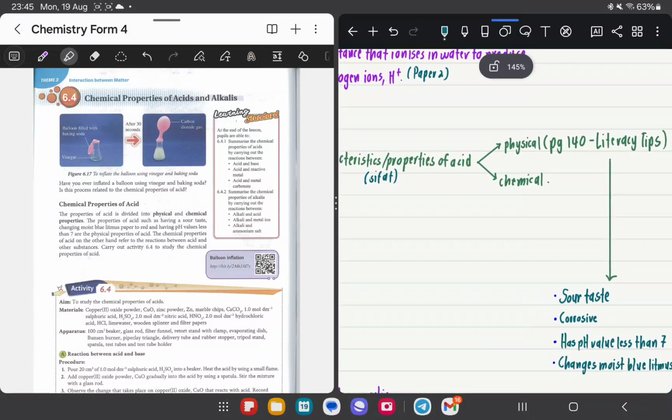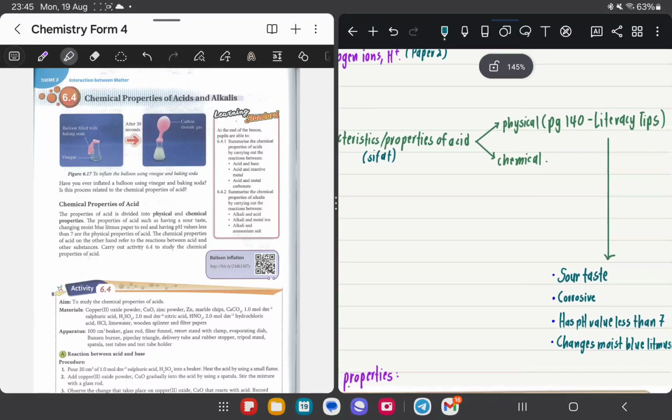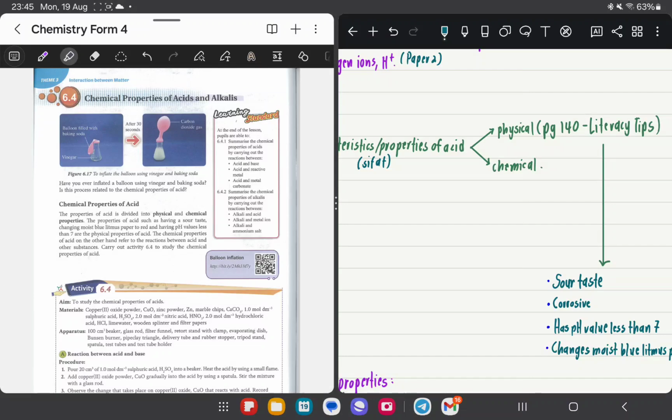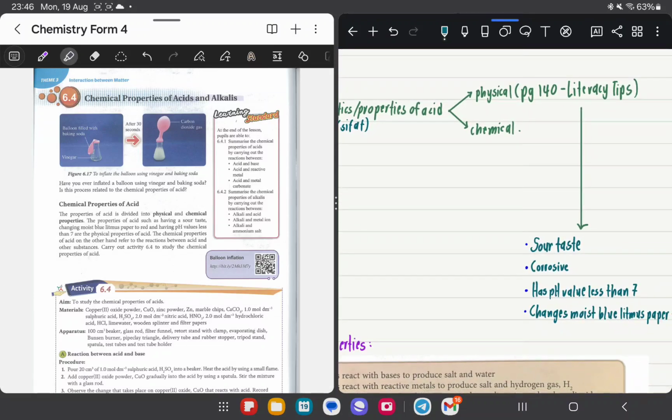Physical properties for acids were already exposed to you in the previous subtopic, page 140 on the literacy tips, which says acid has four main physical properties. It tastes sour, and it is corrosive, maksudnya mengakis. If any sort of acid is exposed to your skin, you are going to feel the corrosive effect.